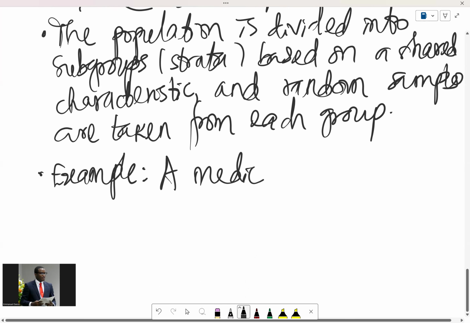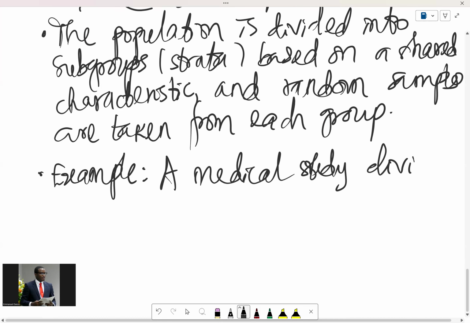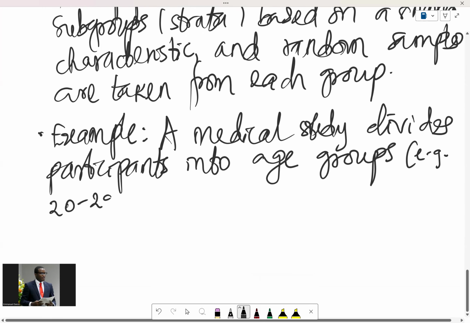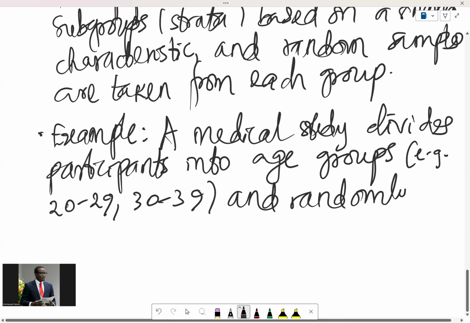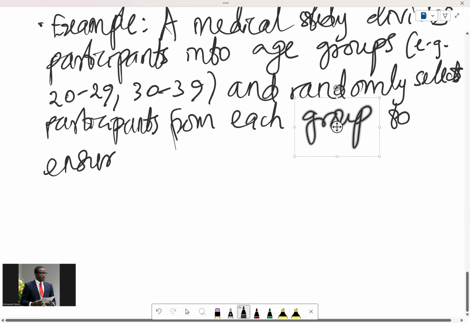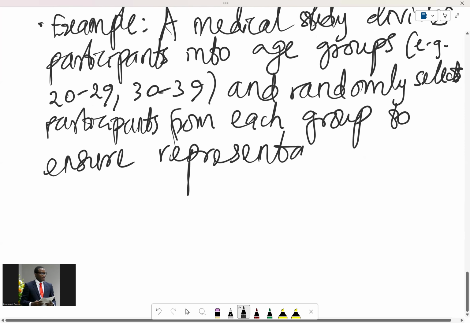A medical study divides participants into age groups, e.g., 20 to 29, 30 to 39, and randomly selects participants from each group to ensure representation across age ranges.